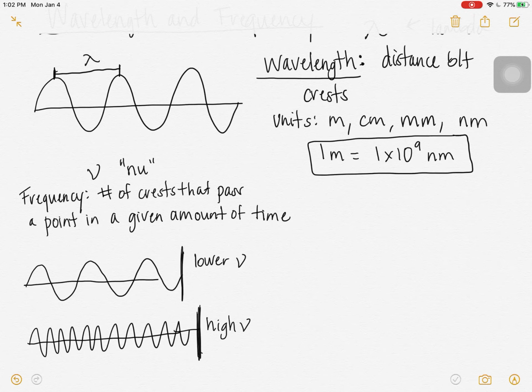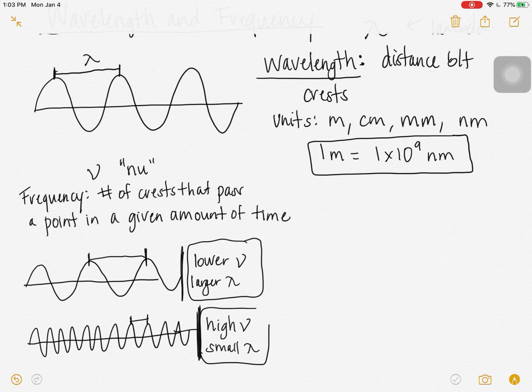Now, what we learned previously was that frequency and wavelength have a relationship, and we're going to prove that in just a minute. So if you look at this first wave, we're going to talk about the wavelength in comparison to this wave, right? This has the larger wavelength. See, I use lambda, and then this one has the smaller wavelength. And what we have focused on in our previous discussion was this relationship right here.